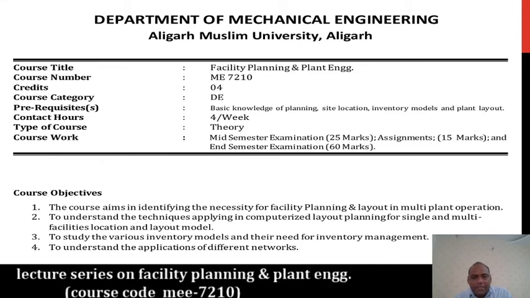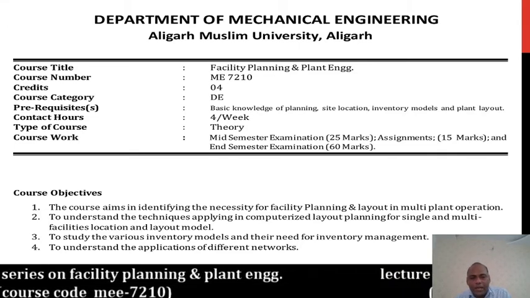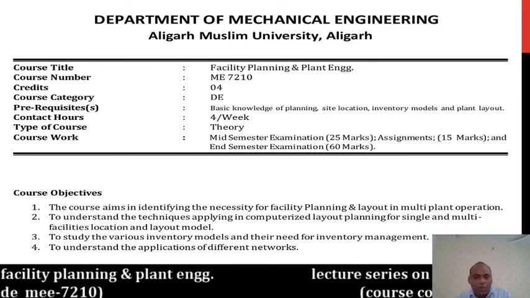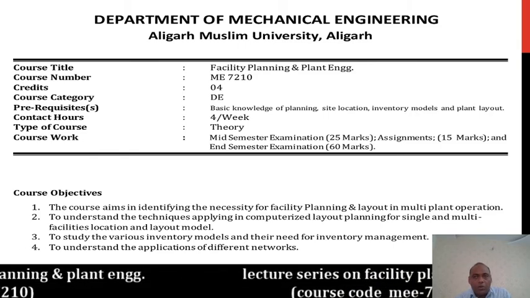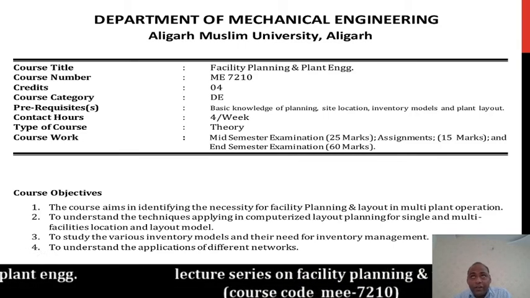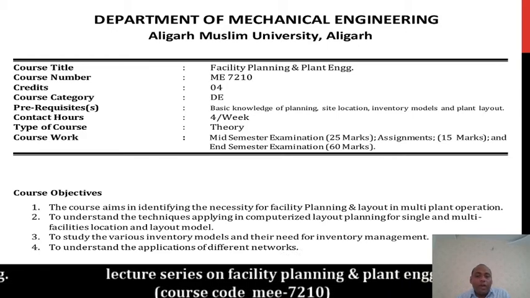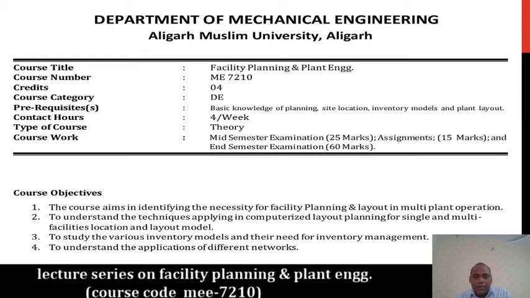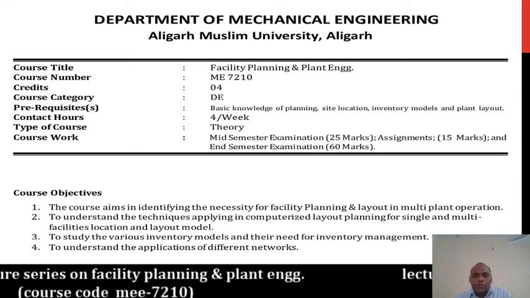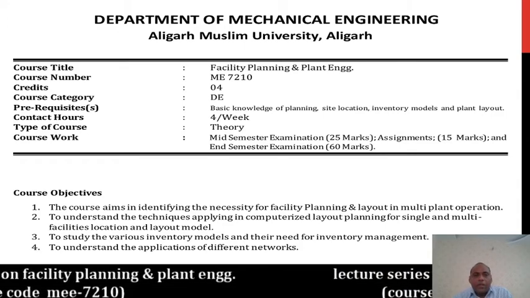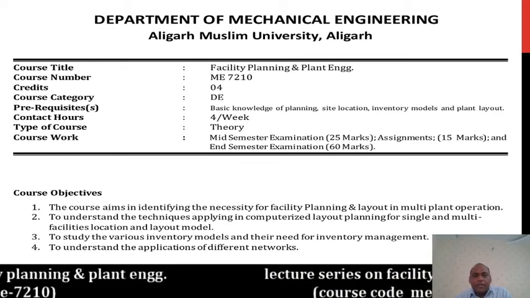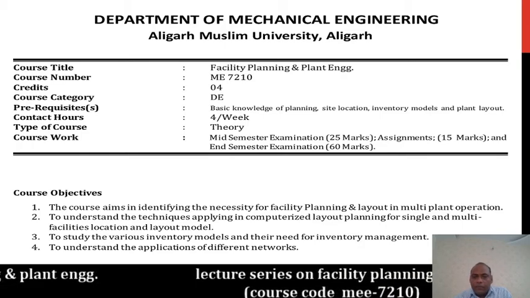So in this whole course you can understand how to make the layout, what the conditions related to the layout are, what the flexibility related to the layout is, and why we need to plan these areas in industry as well as in service sectors.